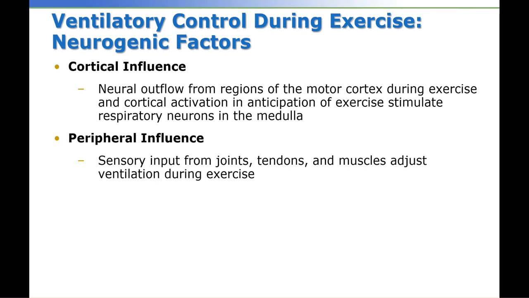So the neurogenic factors: you have the cortical influence, which is neural outflow from regions of the motor cortex during exercise, and cortical activation in anticipation of exercise to stimulate respiratory neurons in the medulla. So these are neurogenic factors.